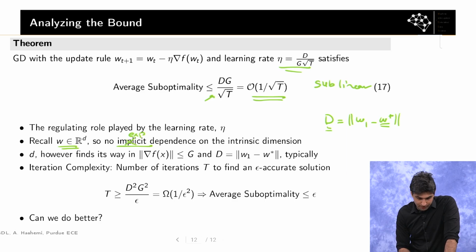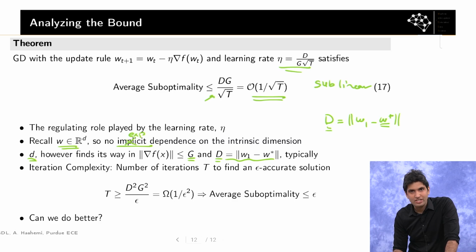However, I want to point out that d typically finds its way implicitly in the bound. And in this case, it finds its way through G and D. The easy way to see this is, again, let's talk about the initial error, the difference between W and W star. So these are d-dimensional vectors.